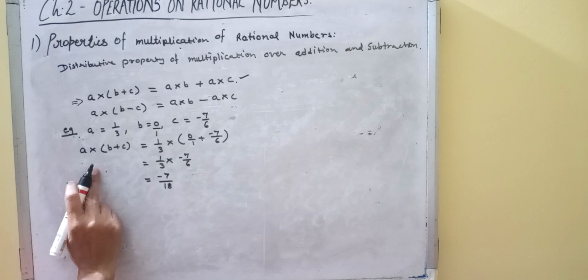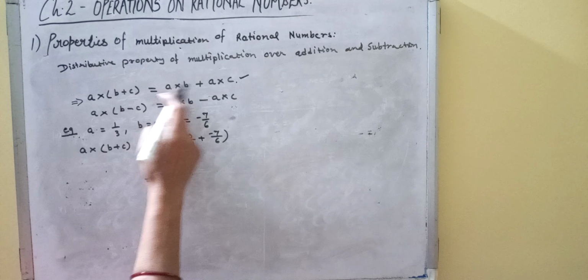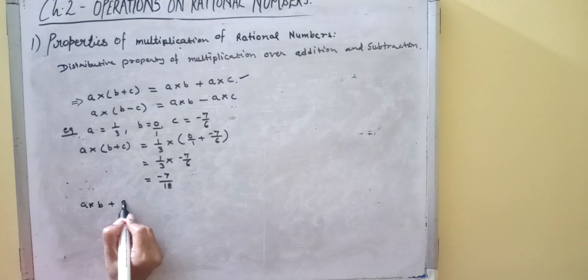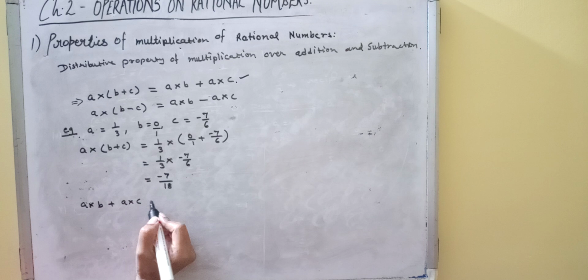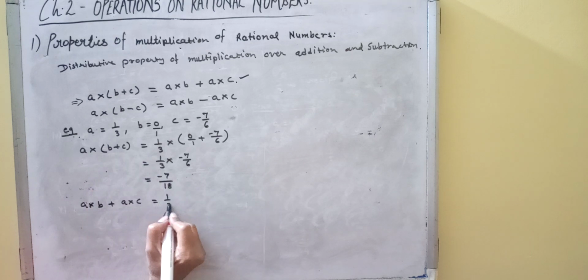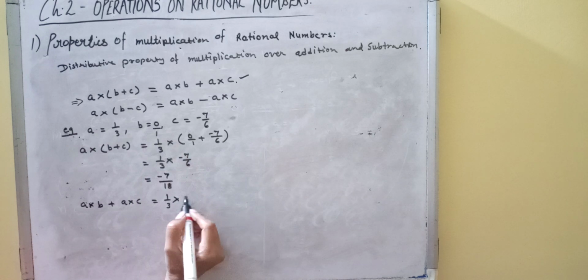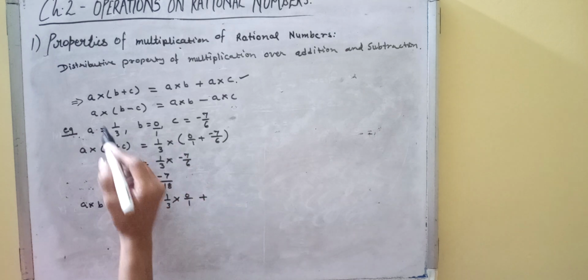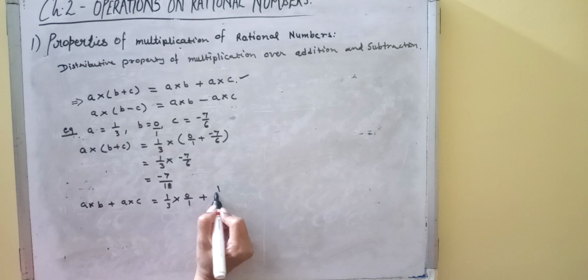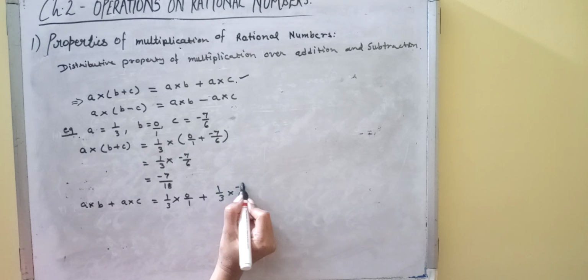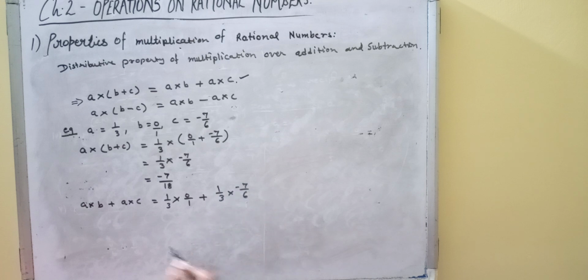This is the left hand side. Now we solve the right hand side, that is a into b plus a into c. So a is 1 upon 3 and b is 0 upon 1, plus a is again 1 upon 3 and c is minus 7 upon 6.